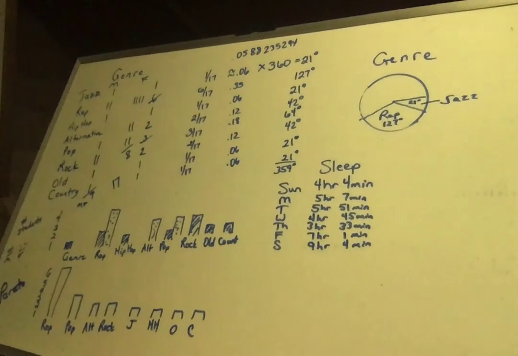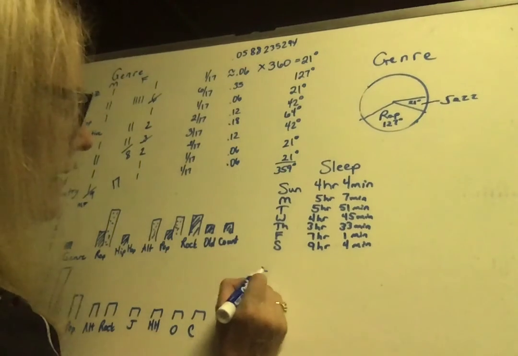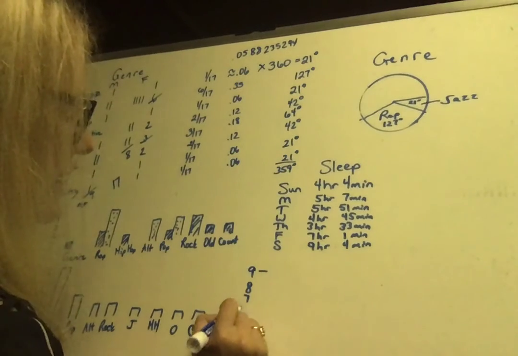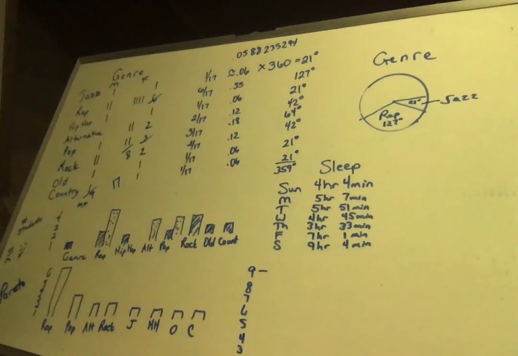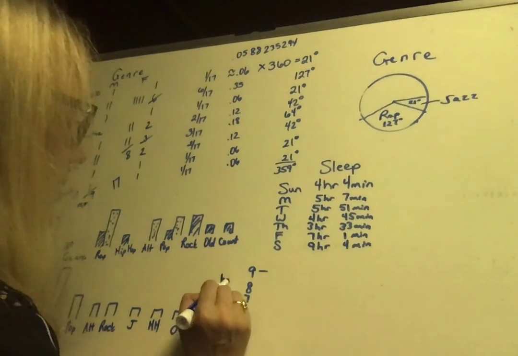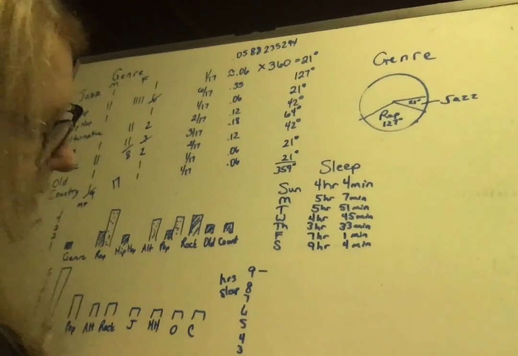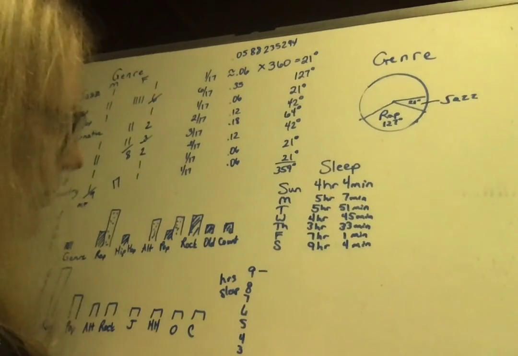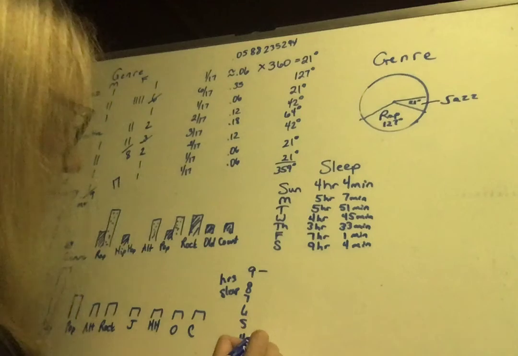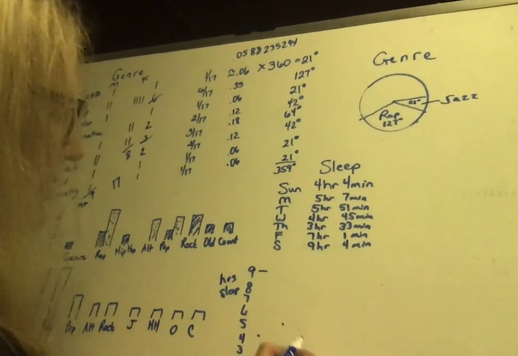Okay, so what this does is you have time. I have 3 hours all the way up to 9 hours. So I'm going to put 9, 8, 7, 6, 5, 4, 3. If there's a gap, they sometimes do it like that. So hours asleep, and then on the bottom, day of the week. Sunday is 4 hours and 4 minutes. Monday, of course, they'd be more accurate, 5 hours and 7 minutes.